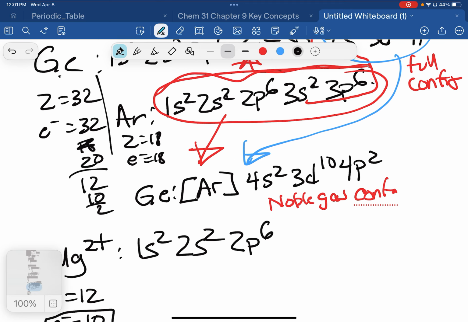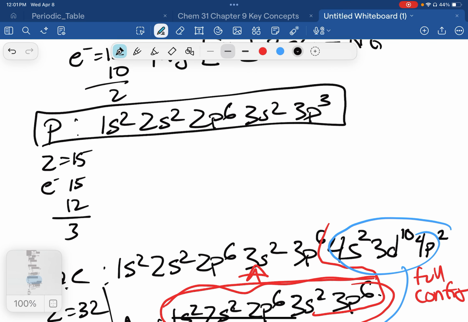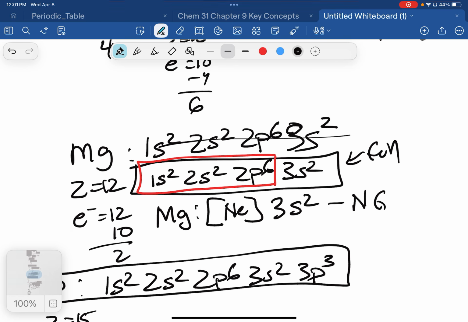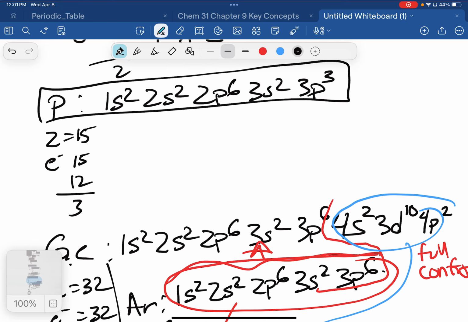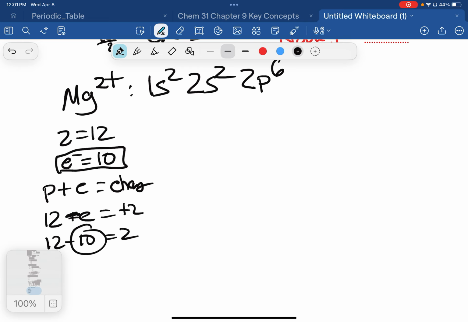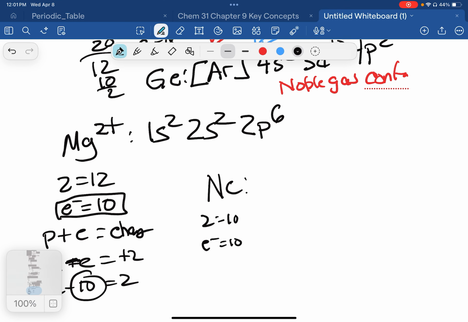But I'd like you to recall what the electron configuration was for neon. Let's go ahead and look at neon. Neon had atomic number of 10, which again is the same number of electrons. It is neutral, therefore the electrons is equal to 10. You see the same 10 electrons are going to fill in exactly the same way.